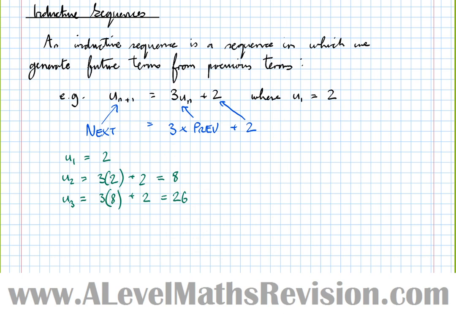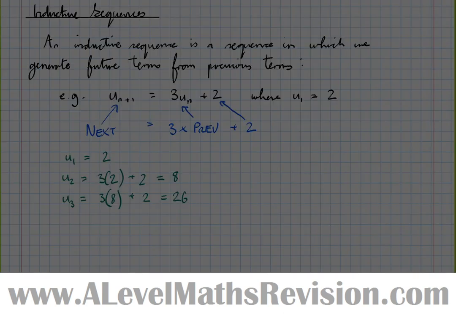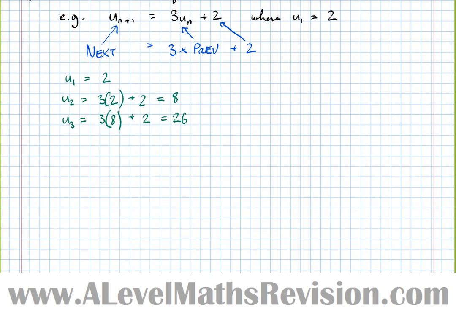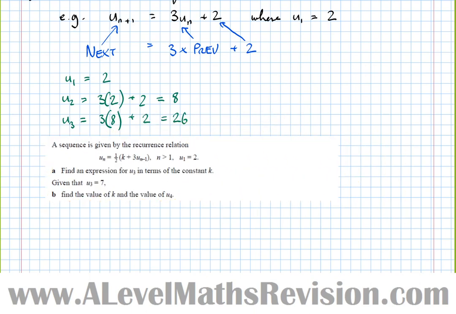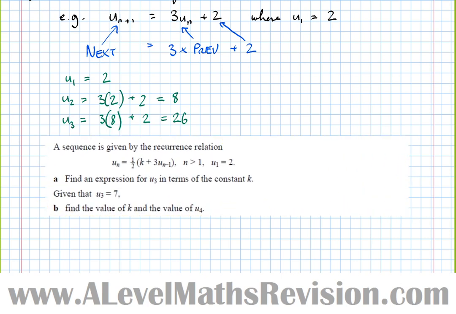So let's have a look at a question involving this. So I've taken question 12 from the General Sequences worksheet, and I'm going to just pop that down there. We'll have a look at that. So it says a sequence is given by that recurrence relation there. The nth term is half of some value k plus 3 lots of the previous term.